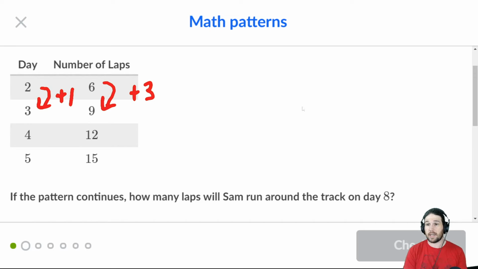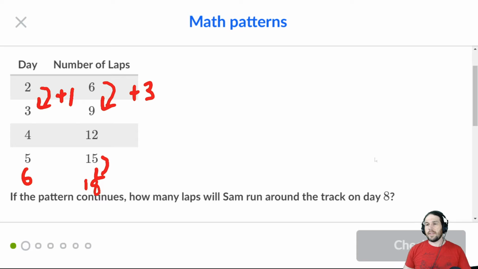Then it might change things, right? So the rule is, every time the day number goes up by 1, the number of laps goes up by 3. So if we were to do that again, for day 6, we would get 18. On day 7, 21. And on day 8, 24.